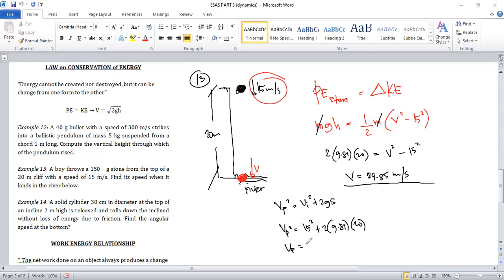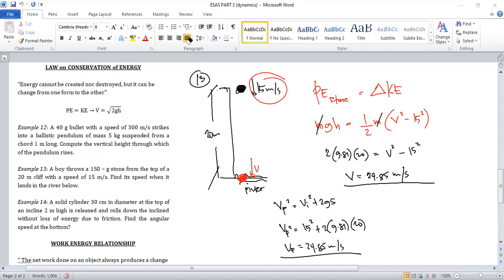Still the answer is 24.85 meters per second. So this shows an alternative solution using the first discussed topic, the vertical rectilinear motion. And then we go to the last sample problem of the topic.